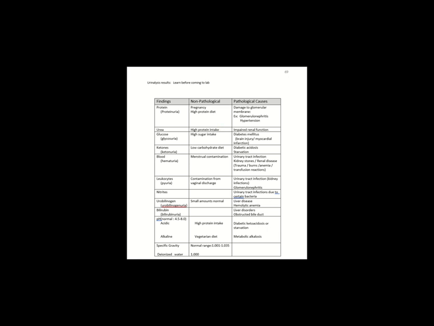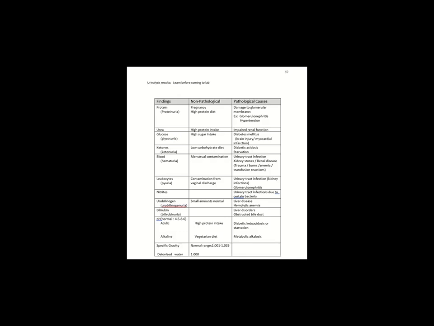If you're eating more protein, then you'll have more urea show up. But a pathological cause could be impaired renal function. Maybe we don't have good functions occurring in our nephrons, and we're not reabsorbing the urea, because a lot of that urea does get reabsorbed by our body, which is discussed in lecture.